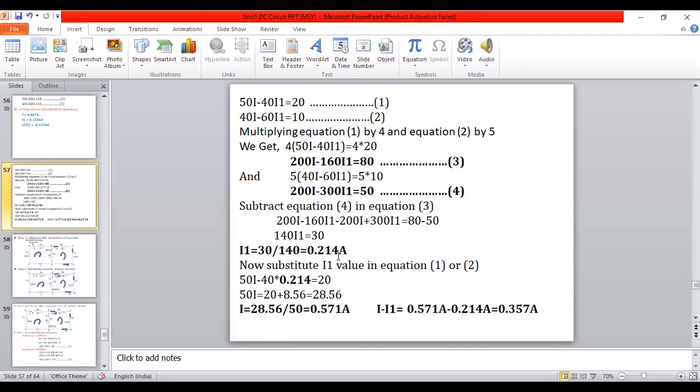Based on that one also, we can do the calculation. 300 divided by 1400, 0.214. Okay.